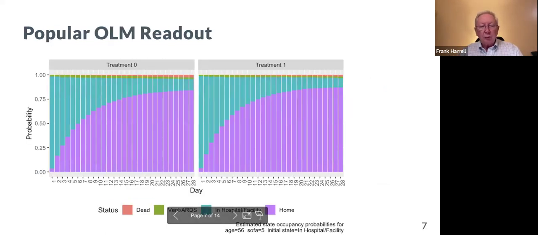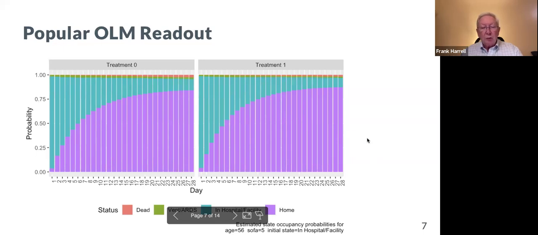This is one of the most popular readouts that really helps you interpret the results of an ordinal longitudinal model. This is for a study where there were 4 different outcome levels. Being at home, which is the lower bar here, is the best outcome state. And then you have the other states going up all the way to death.